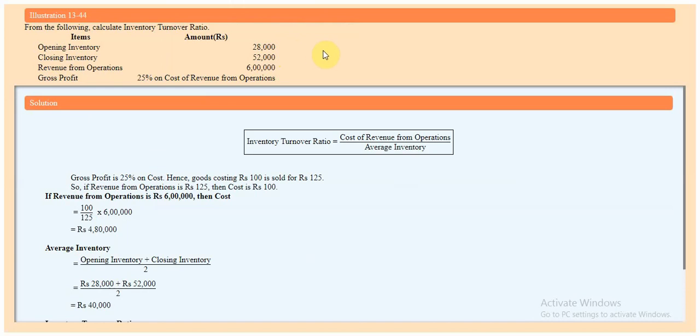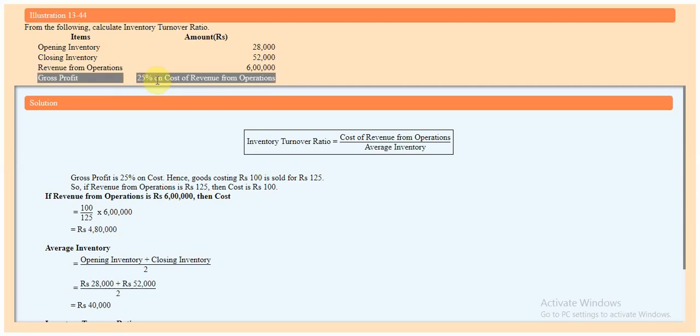Okay, next problem is illustration number 44. In this problem, calculate inventory turnover ratio. They have given some items. Opening inventory they have given, closing inventory they have given, revenue from operations is also given and gross profit is also given. But note this, gross profit is given on cost of revenue from operations.